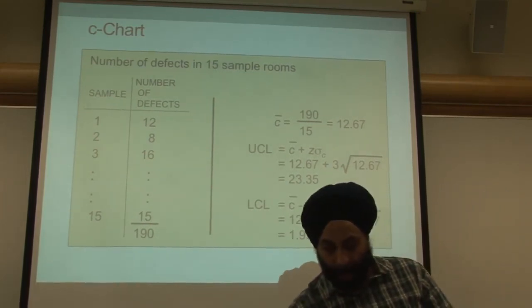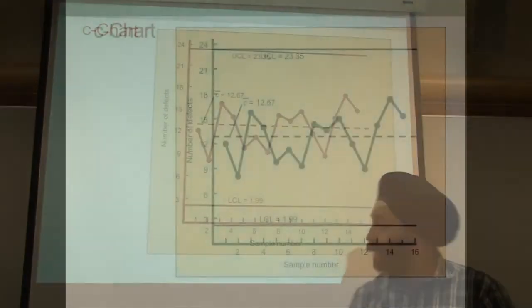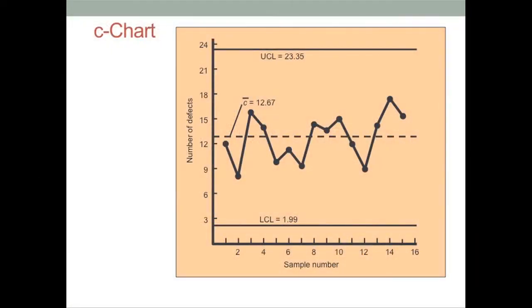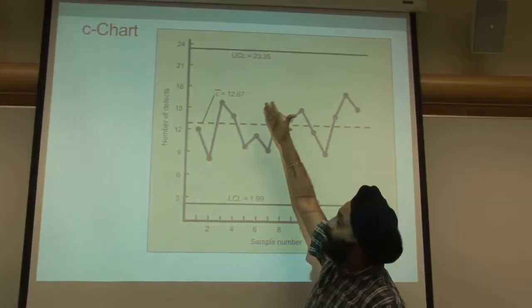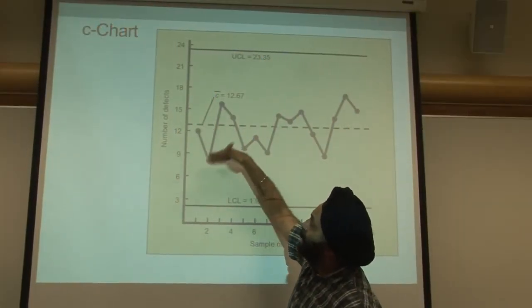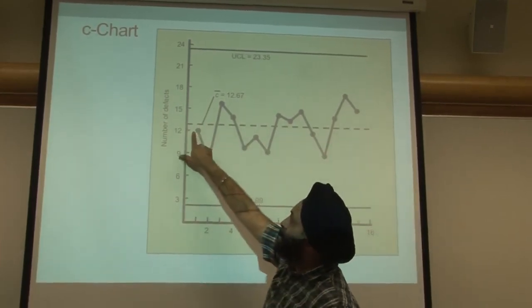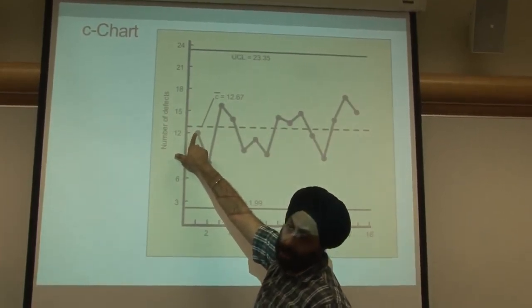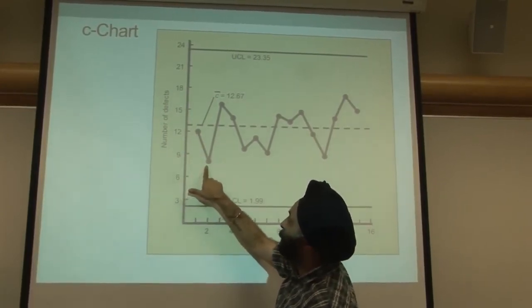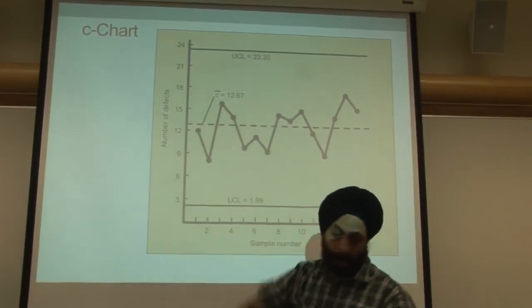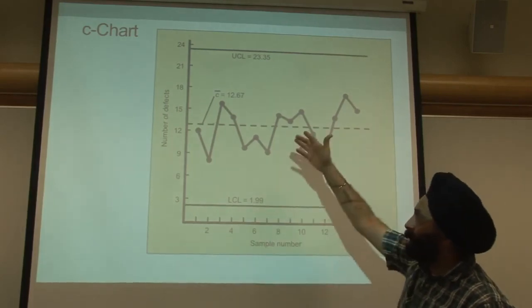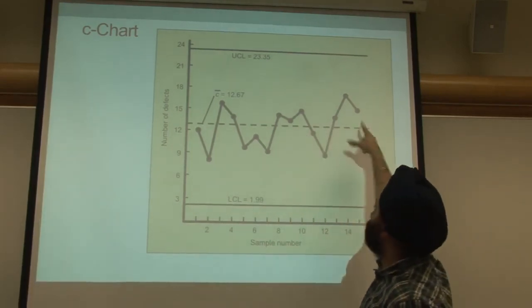So in this particular case, you have a lower control limit of 1.99, an upper control limit of 23.35, and the average is 12.67. In the first room, the number of defects was 12, then it went down to 8, then it went up to 16 or 17, and so on and so forth.